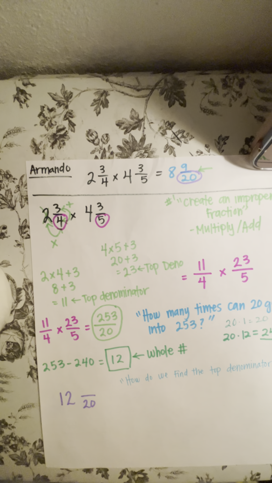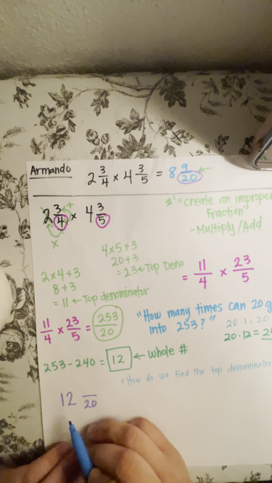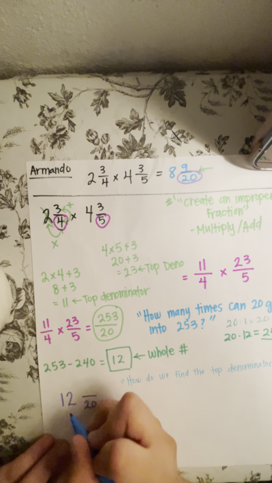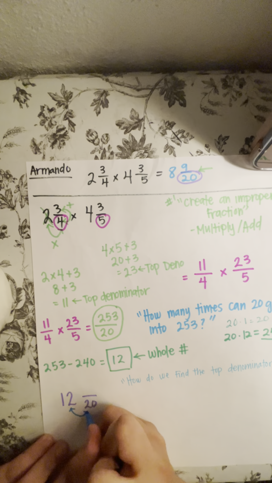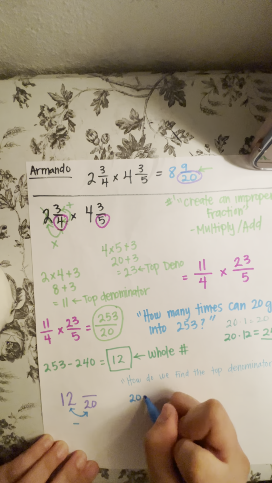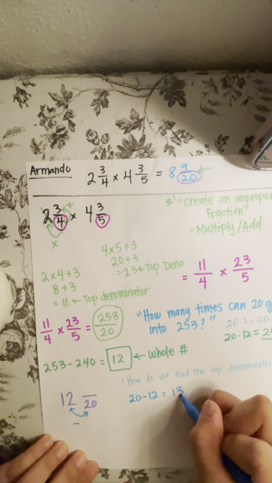So in order to find the top denominator, we're going to use our 12 and our 20. In order to do that, we're going to subtract them from each other. So we're going to subtract. I'm going to write the subtract sign. So 20 subtract 12 equals how much? 13. Good job.